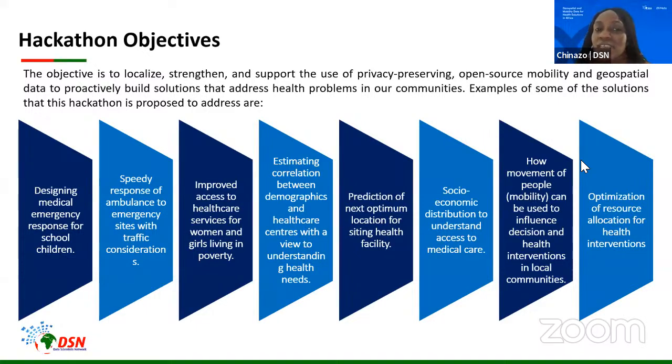So what we're saying in essence is we use this data because data do not lie. Data is an outcome of activities that people do. It's not manufactured, it's the real thing that you do. So we're just trying to get insights from the data. So use this mobility and geospatial data to build health solutions.